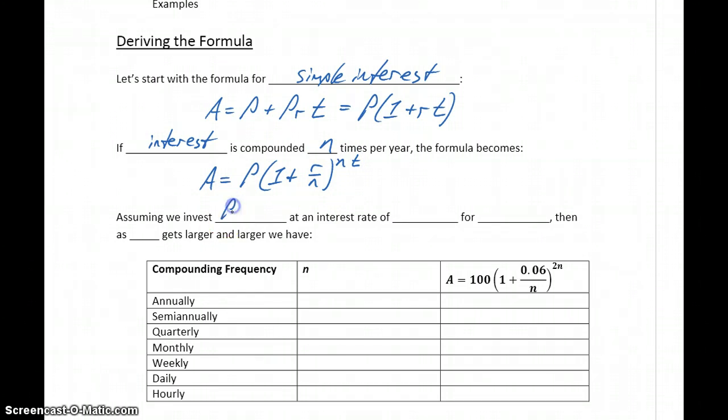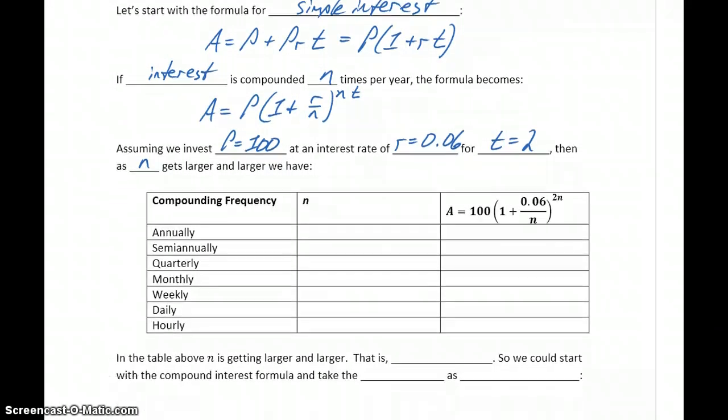And assuming we invest $100 as our principal amount at an interest rate of 6% for 2 years, then we can calculate the total amount of our investment for different values of n, so for different numbers of times of compounding each year.